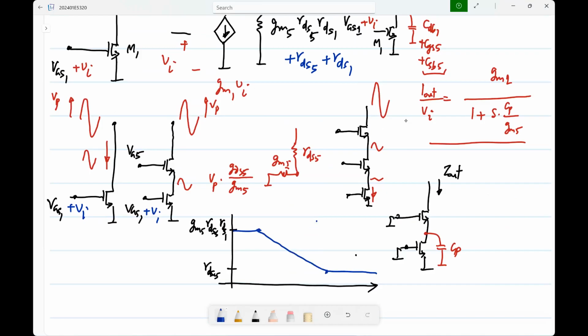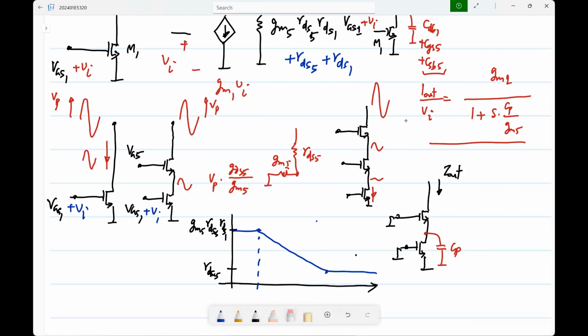And what is this frequency at which the impedance starts deviating from being the very high value? Which pole? GM5 by CP. Is that correct? Is it GM5 by CP?